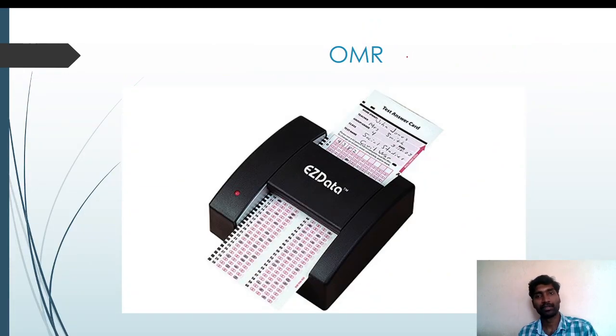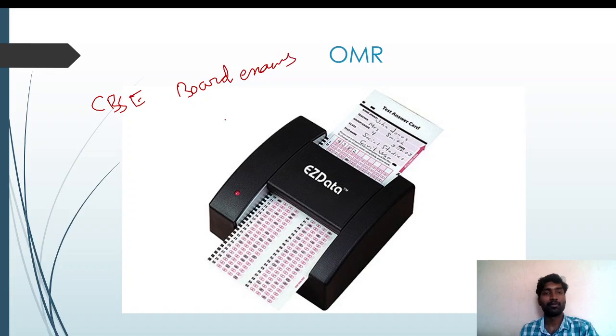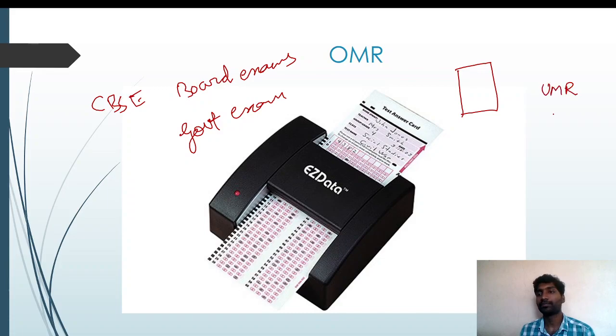Okay, next, OMR. My dear students, mostly when you are writing CBSE board exams or any government exam, or central government exam, or any big institute examination, what will happen is they will give the question paper and they will give an OMR sheet.